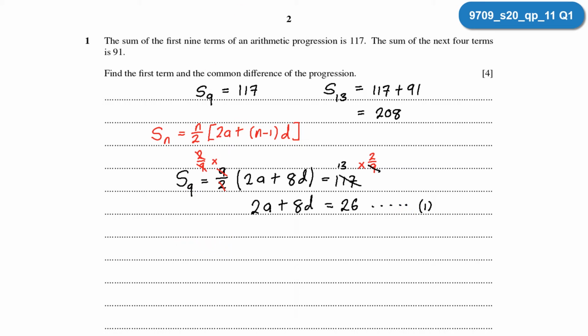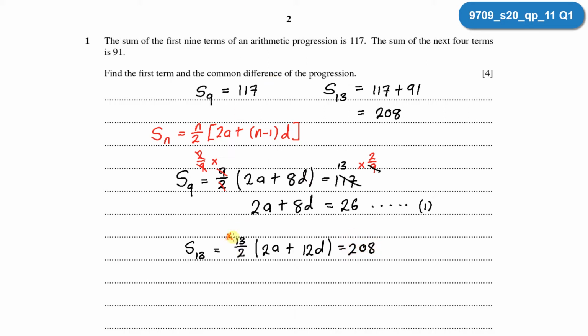We've also been given that the sum of the first 13 terms is 208, and from the formula, that's going to be 13 over 2 of 2a plus 12d. And this is going to be equal to 208.